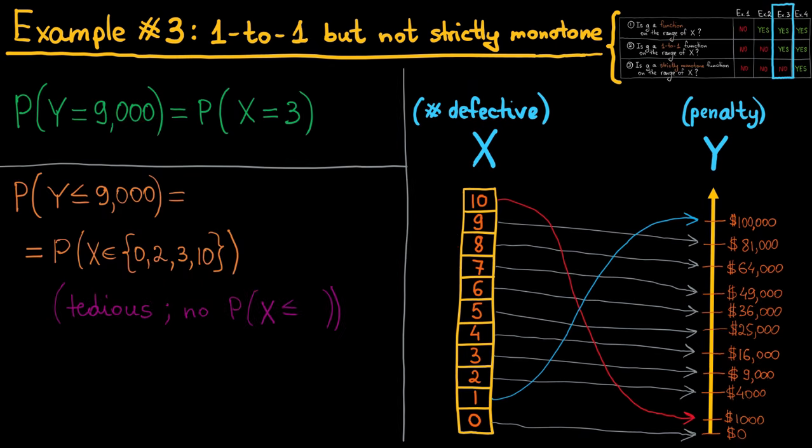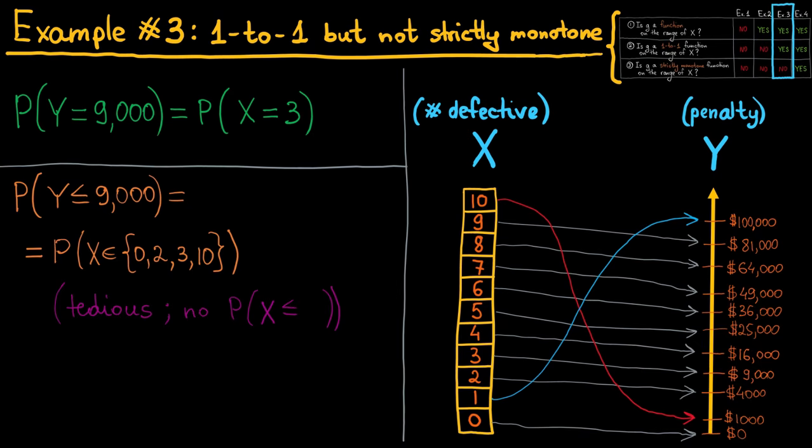Like before, we can ask a question such as, what is the probability that a random variable y takes on a particular value such as 9,000? And we would just have to map back from 9,000 to what value of x was it that mapped to it, and it's x equals 3. So then the probability that y is equal to 9,000 is the probability that x equals 3. Notice that these are not two different events that have the same probability.